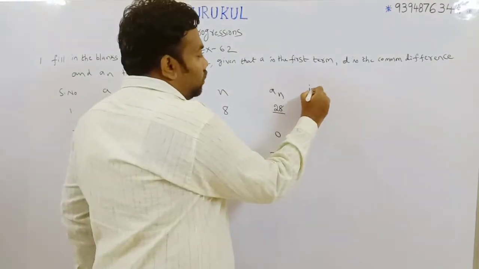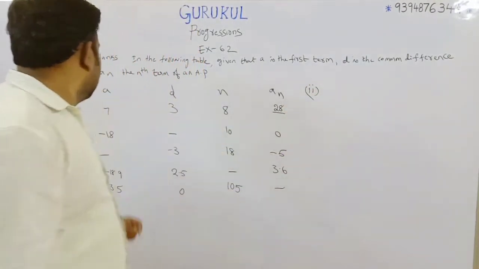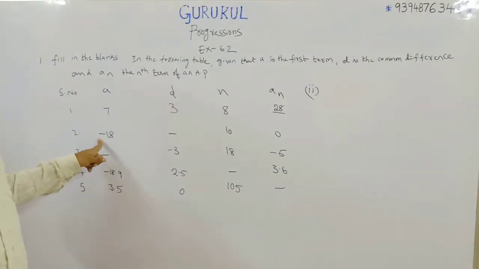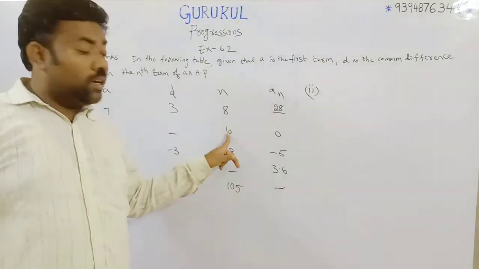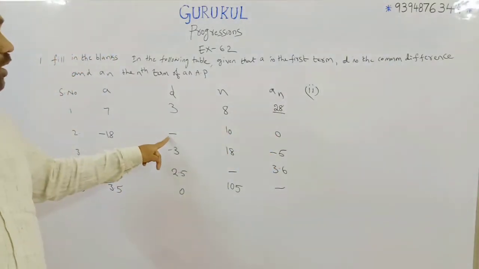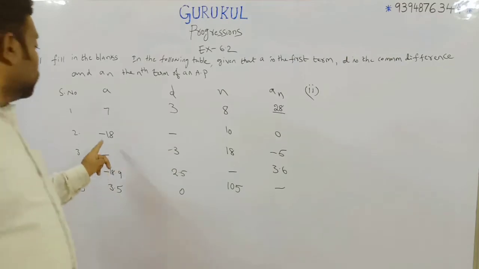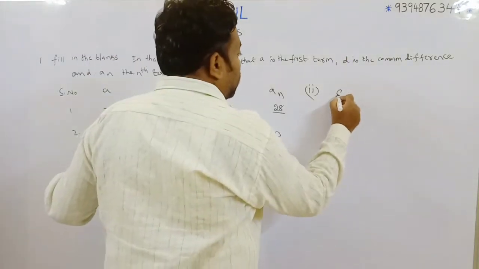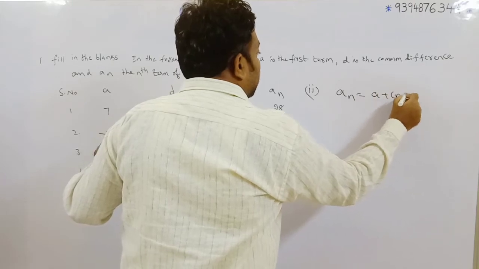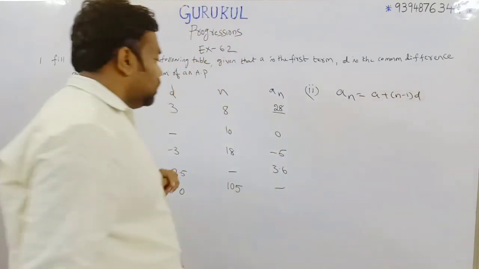Now, second one. Here a equal to minus 18, n equal to 10, nth term equal to 0. Now, find the value d. So, an equal to a plus n minus 1 into d.